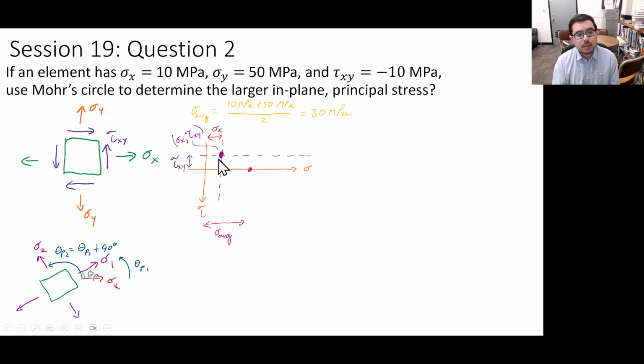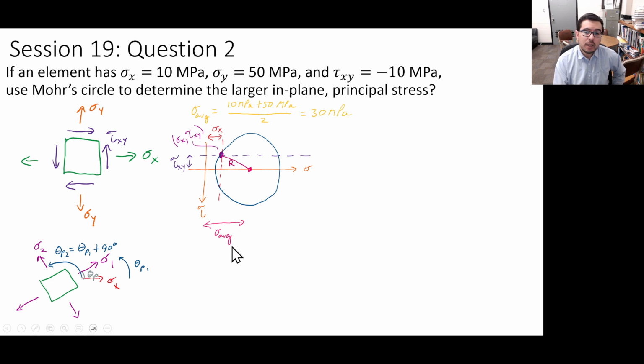The radius can be thought of as going between the center and any point on Mohr's circle. And so this is a point on Mohr's circle, and so we can say the radius is such. And Mohr's circle can then be drawn very roughly, you can see my beautiful circle, by just rotating that vector r around the center.